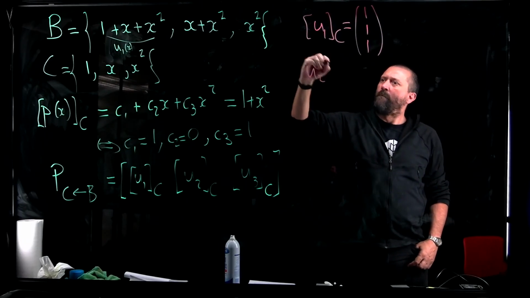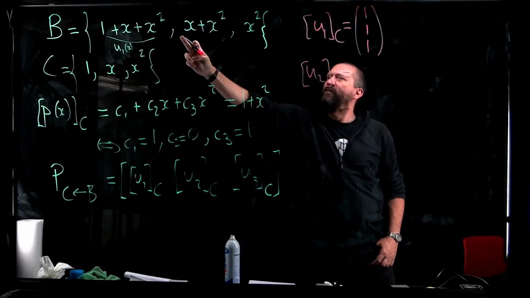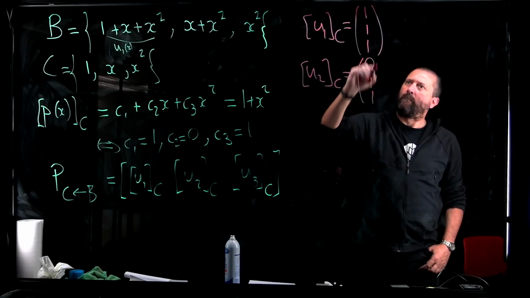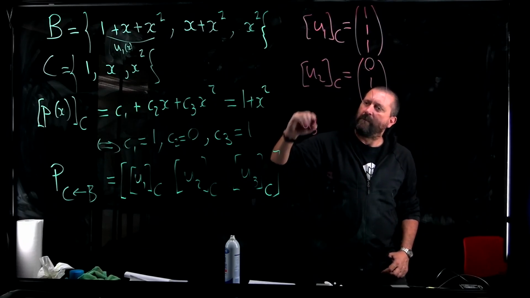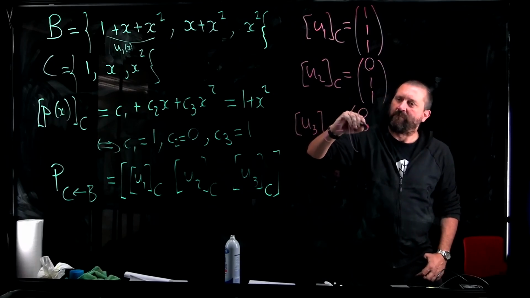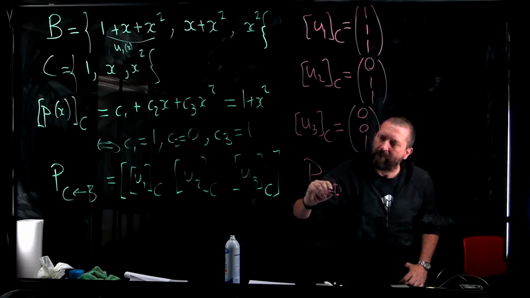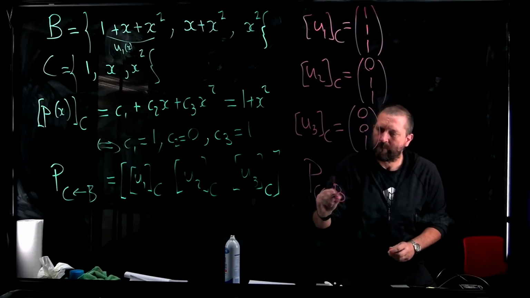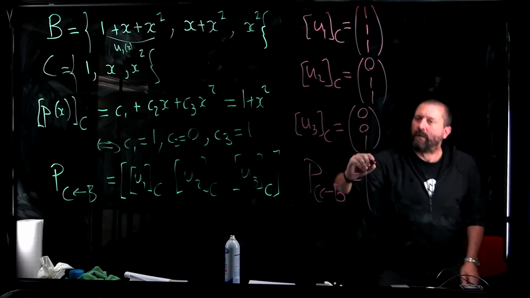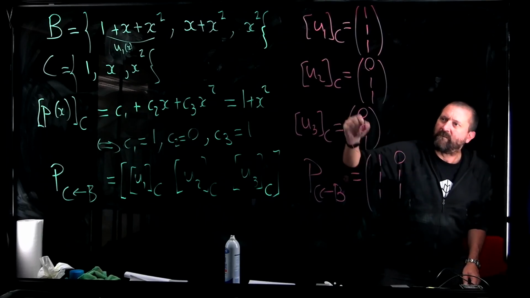U2 in C: there's no degree 0 term, there's a 1, 1. And U3 in C is just 0, 0, 1. So the matrix of change of basis is equal to 1, 1, 1, 0, 1, 1, 0, 0, 1.